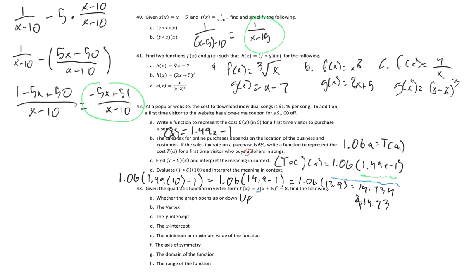Remember, vertex form is a times (x minus h) squared plus k, where the vertex is (h, k). Let me write vertex form over here.